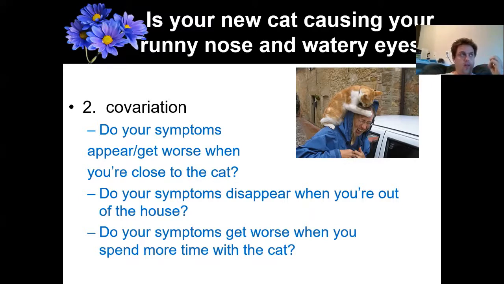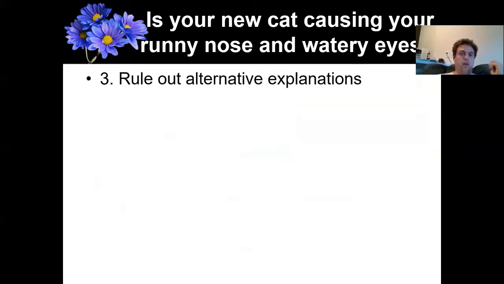A change in the strength of the cause should result in a change in the strength of the effect. The closer you are to the cat, the stronger the allergic reaction should be. The farther away you are from the cat, you should get weaker or non-existent allergic effects.